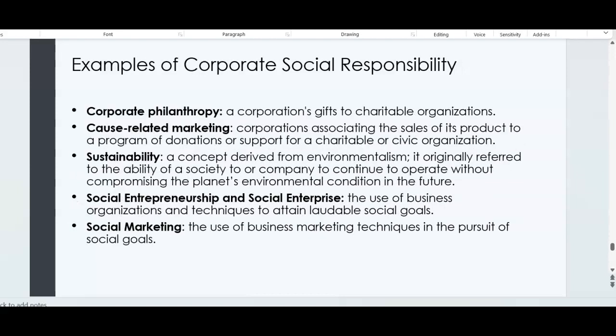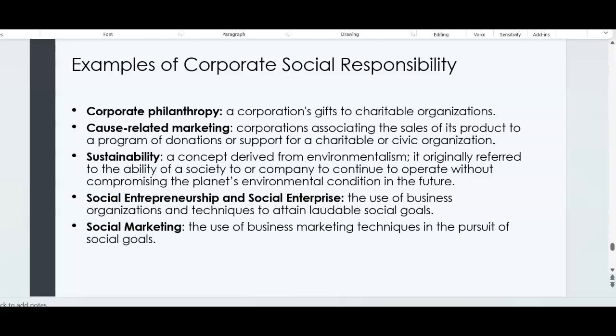Some examples would be philanthropy, the corporation themselves giving to a charitable organization. I'll just note this is different than when they ask you to round up your customer purchase to then give to that organization. This is the company taking company's money and giving to a charitable organization. You'll see cause-related marketing. Often those cause-related marketing can focus around sustainability, environmental sustainability.